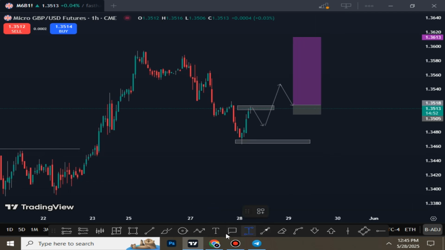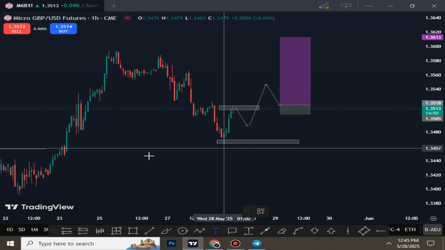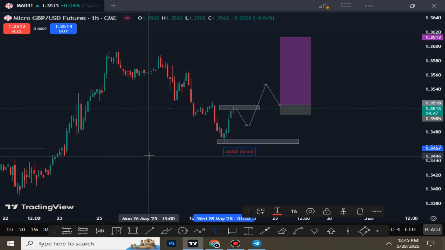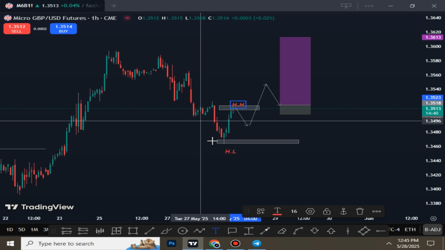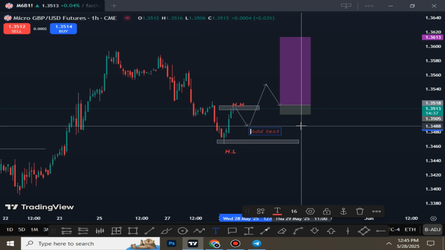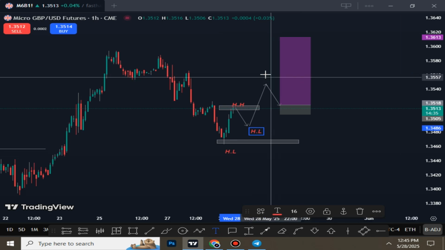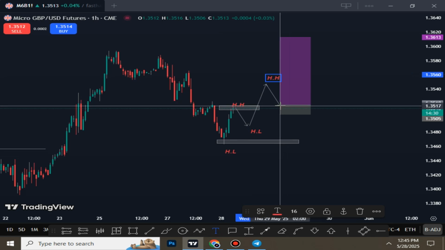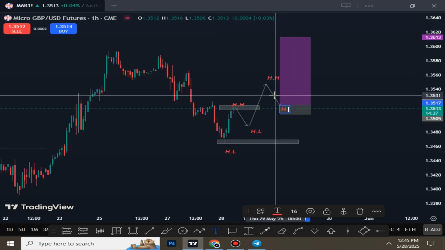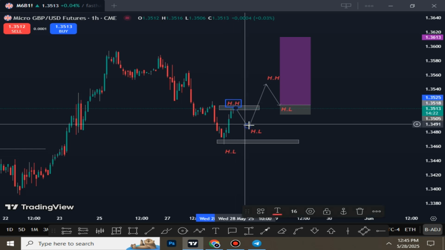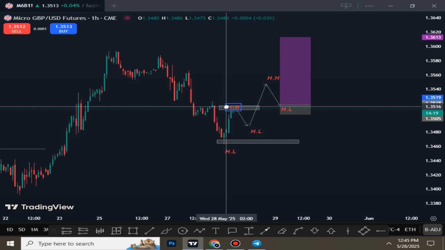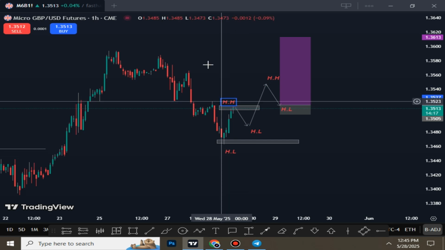I think I should label this maybe something like this, then say higher low, something like that, and now call this higher high, and call this an anticipated higher low, and higher high, and call this an anticipated higher low. Now once you've identified this market structure, something like this, then that is when you start looking for your buy opportunity. And the reverse is true.